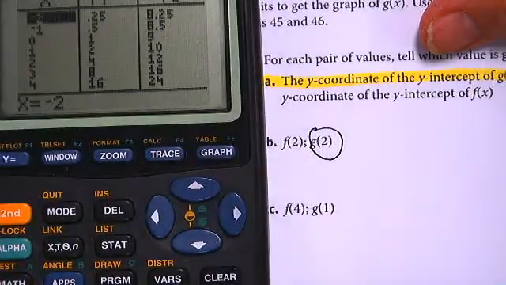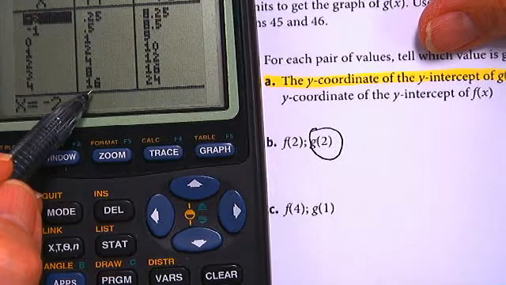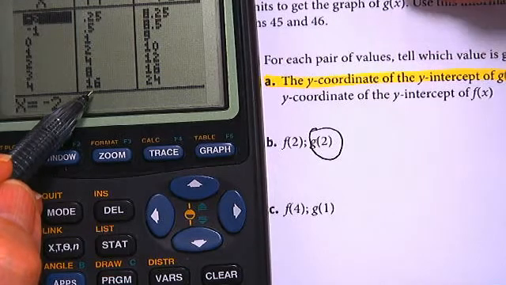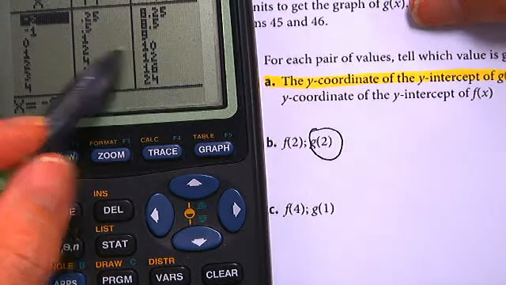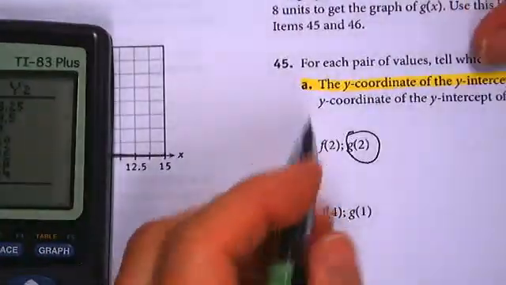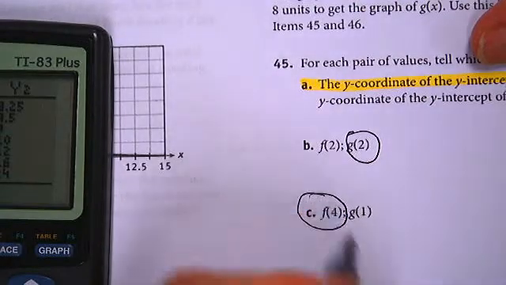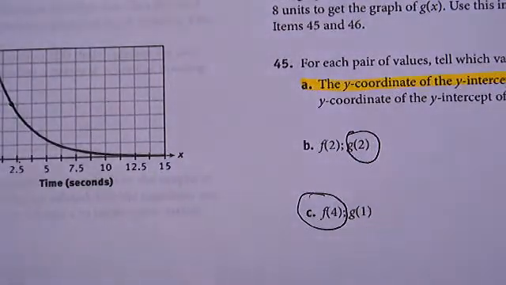Here, the output of f of 4 is 16. The output of g of 1 is 10. 16, 10. Obviously, f of 4 is bigger than g of 1. We like the graphing calculator.